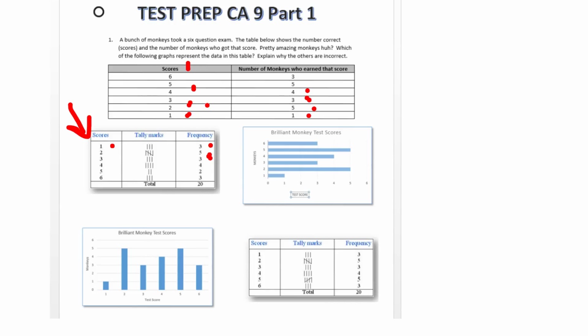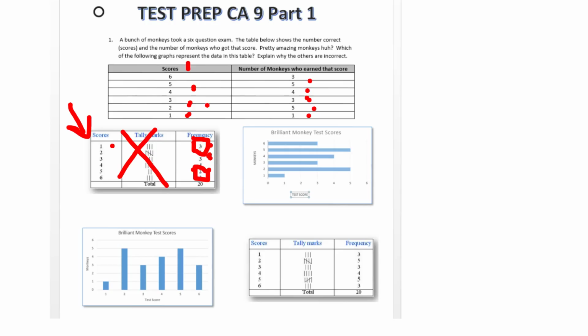When the score is equal to 5, the number of monkeys who earn that score is 2 in this case. So here with this 2 and the initial one here with this 3, both of those are incorrect. So what that tells me is that this graph is just completely off from the data. They missed at least 2 points. So this graph is incorrect.